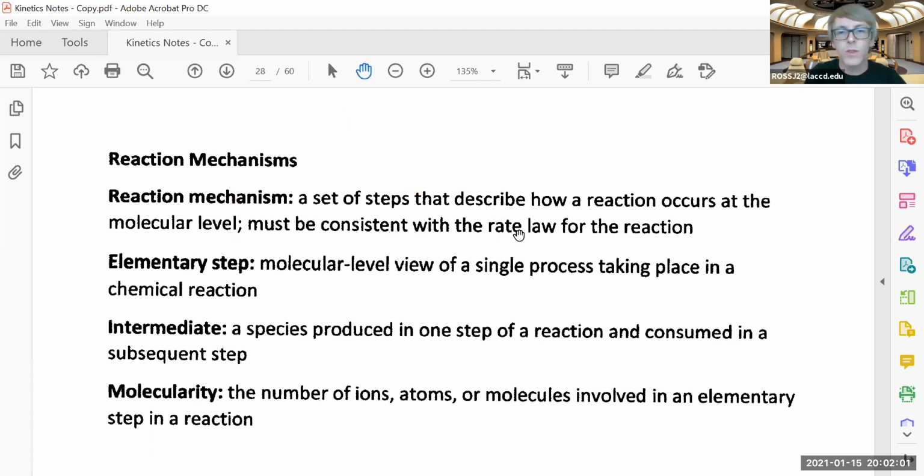It consists of a sum of elementary steps, and elementary steps are unique insofar as the order of reaction in an elementary step is equivalent to the molar coefficient in a balanced chemical equation, which is pretty unique because that's not usually the case.